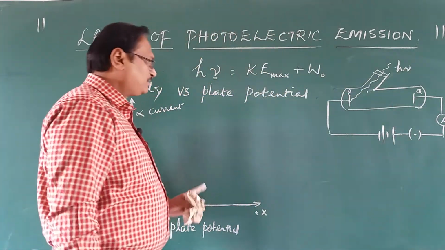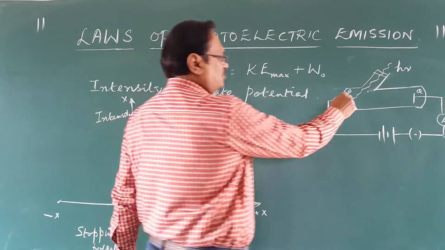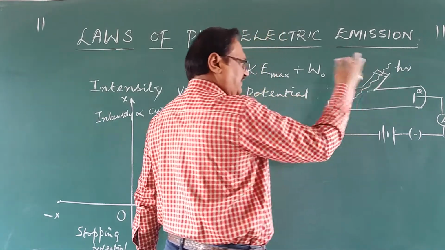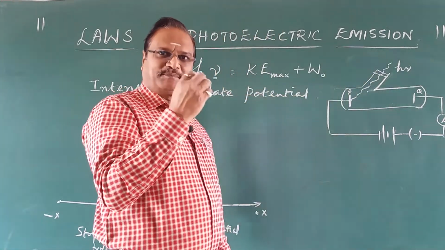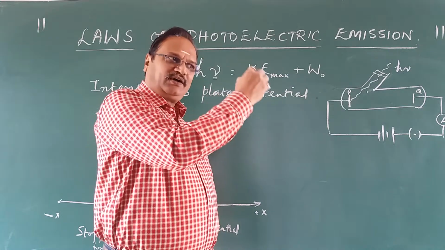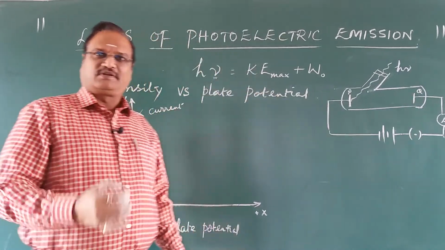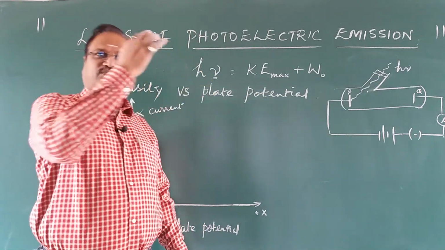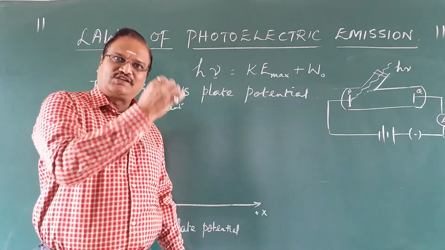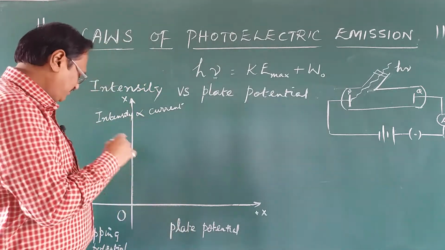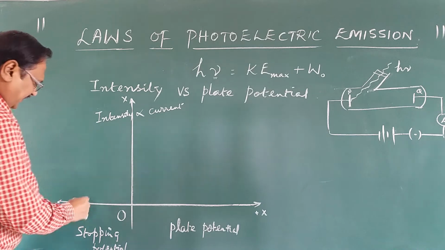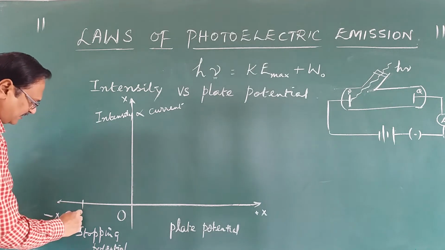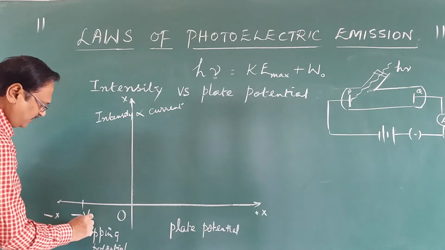Now look here. This plate is made of zinc or anything you take. It will have a particular work function, particular threshold frequency, particular stopping potential. Now let me take the stopping potential here as negative V naught.